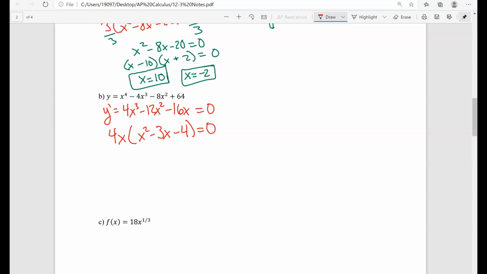And then you can see that we can factor this guy. So we're going to have 4x, and then factor this guy. So you'll have x and x. You'll have a 4 and a 1. And then this guy is going to be minus, this guy is going to be plus.